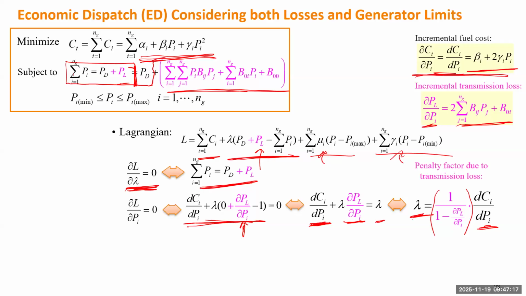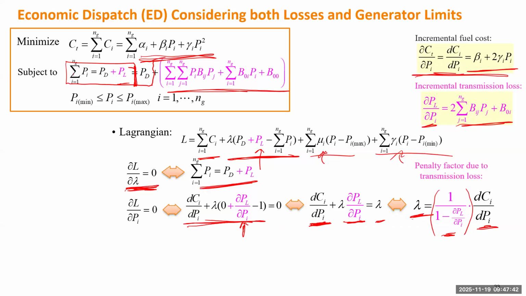So lambda right now is not exactly the incremental fuel cost for each unit. We need to consider the factor due to the transmission loss when this generator is sending power to the load, because different generators have different distances to deliver energy. So that makes the transmission loss different.